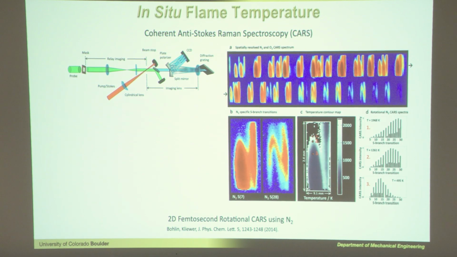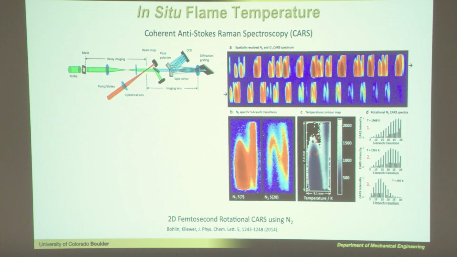So here's another example where they're doing 2D femtosecond rotational CARS. This is using N2 as the gas. And this is where they can actually get a distribution of temperatures spatially all at once.